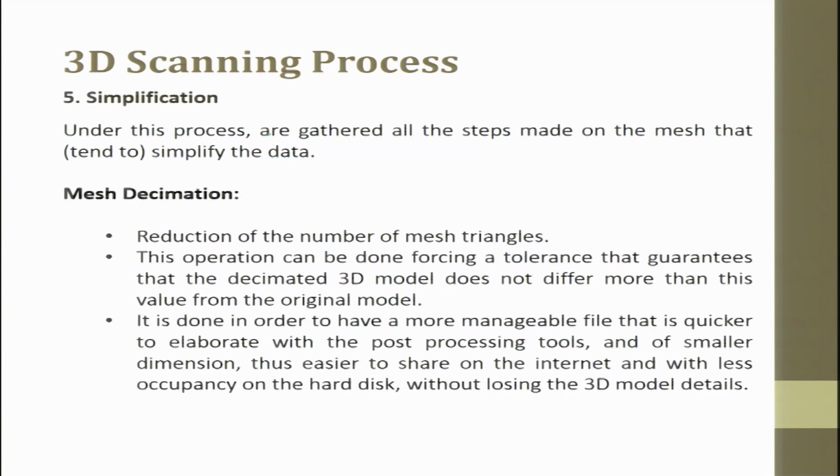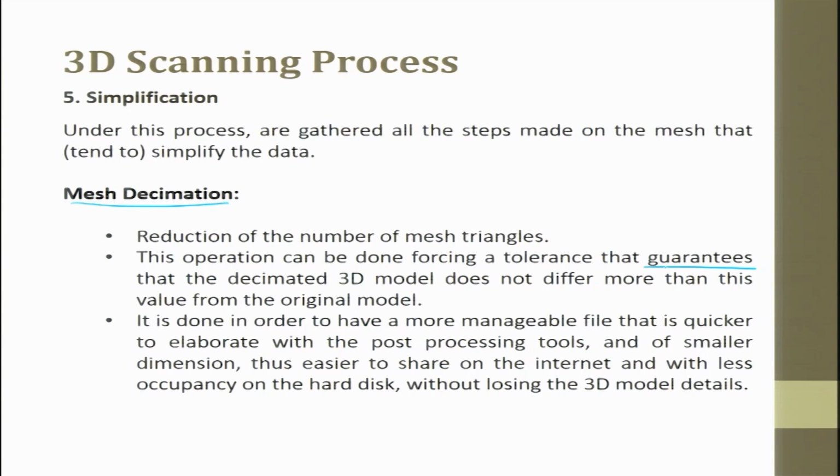Under this process are gathered all steps made on the mesh that simplify the data: mesh decimation, reduction of the number of mesh triangles. So, the smaller the mesh, the higher the precision. This operation can be done by forcing a tolerance that guarantees that the decimated 3D model does not differ more than this value from the original model.